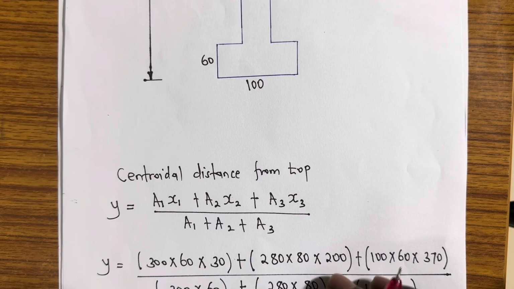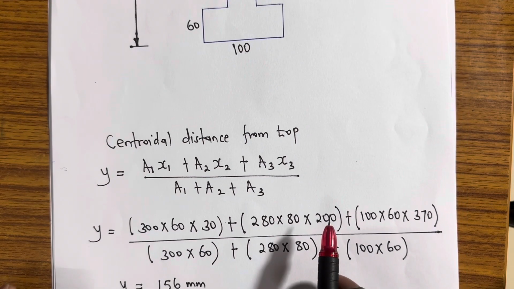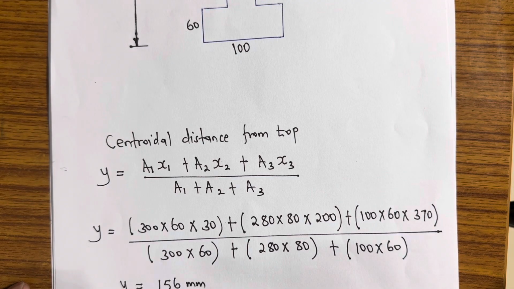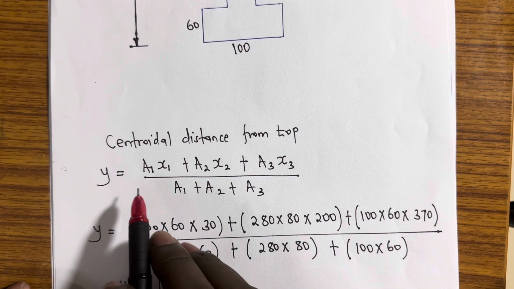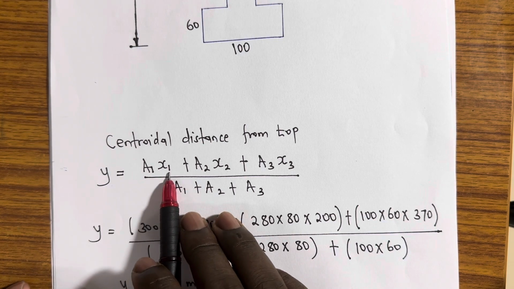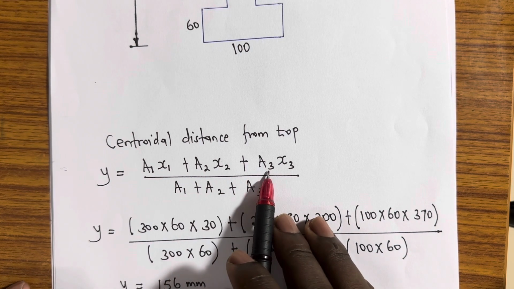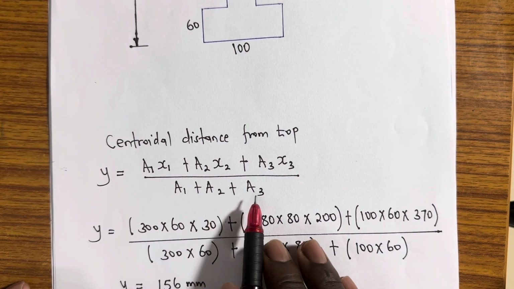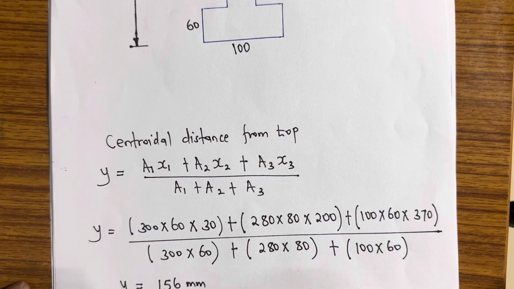So in our first solution, we're working on that. First step, the centroidal distance from the top. And this is given by an expression as you learned in your mechanics. So centroid y is given by a1x1 plus a2x2 plus a3x3 divided by a1 plus a2 plus a3. Now what I am saying is x1, x2, x3, you need to know.